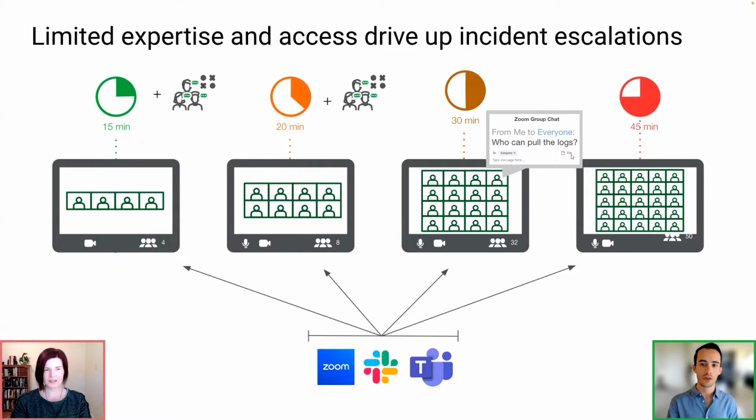Over the course of the duration of an incident, we're going from 4 to 8 to 16 to 25 people pulled into a Zoom bridge or a Slack channel or a Teams group to respond to an incident. So that's setting the stage for where automated diagnostics fits in.